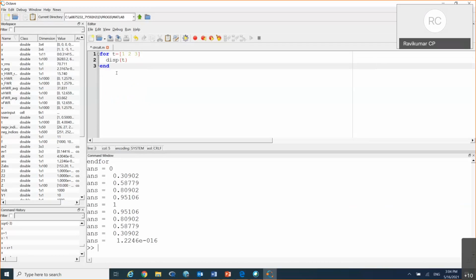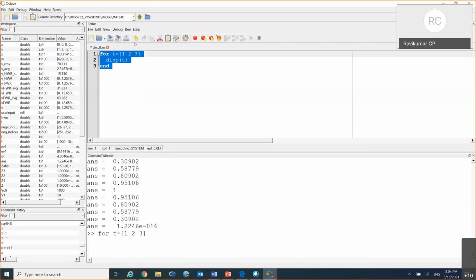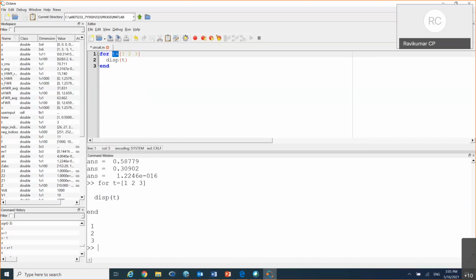If I try to execute this, you will see that it will display t for each of these values. That's clear. So for loop syntax is: choose some loop variable and equate it to some vector. It could be 1, 2, 3, or it could be 1 to, let us say, 10. And you can write down any number of statements in between. It doesn't have to be a single statement.